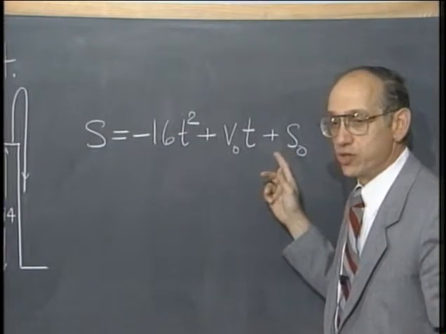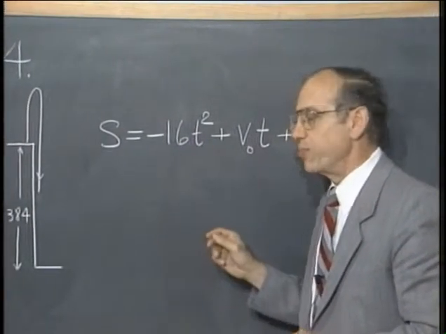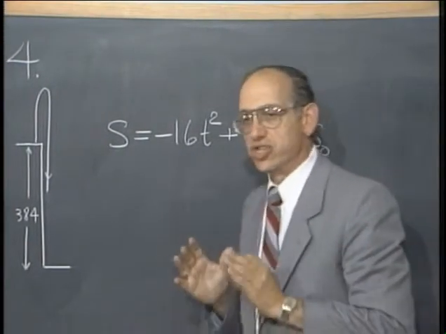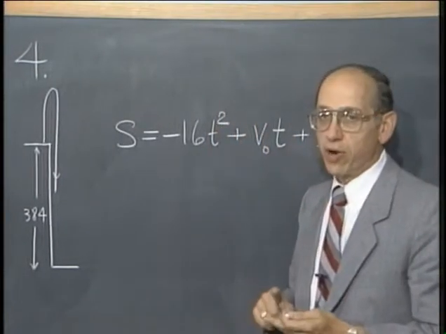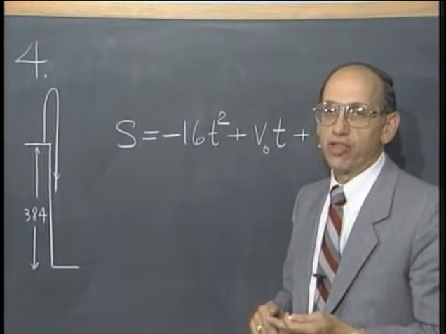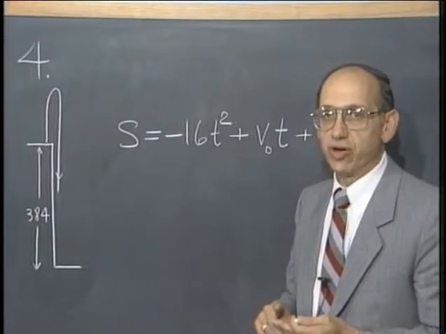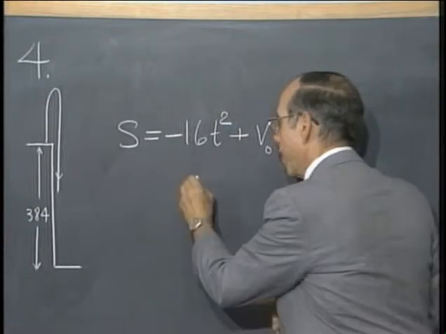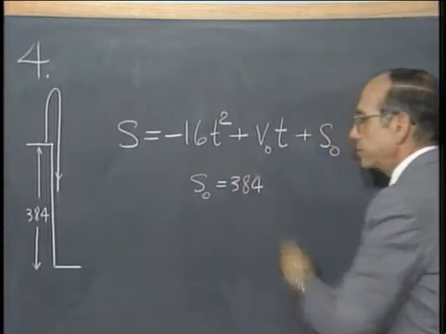Now, where is the position measured from? That's really arbitrary, but we're going to assume that position is measured from the ground as 0. So the ground is 0, which means initially this particle begins at 384 for S0. That is, it starts on the top of a building 384 feet high. So S0 is 384.